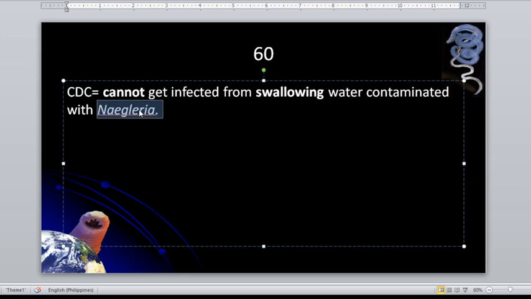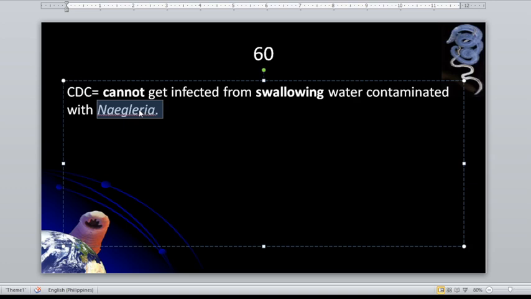So, Naegleria invades the brain and meninges via the nasal mucosa. Infection by inhalation of cysts in dust or soil particles has also been reported. The pathogenic species are able to survive in chlorinated water up to 5 microgram per ml.